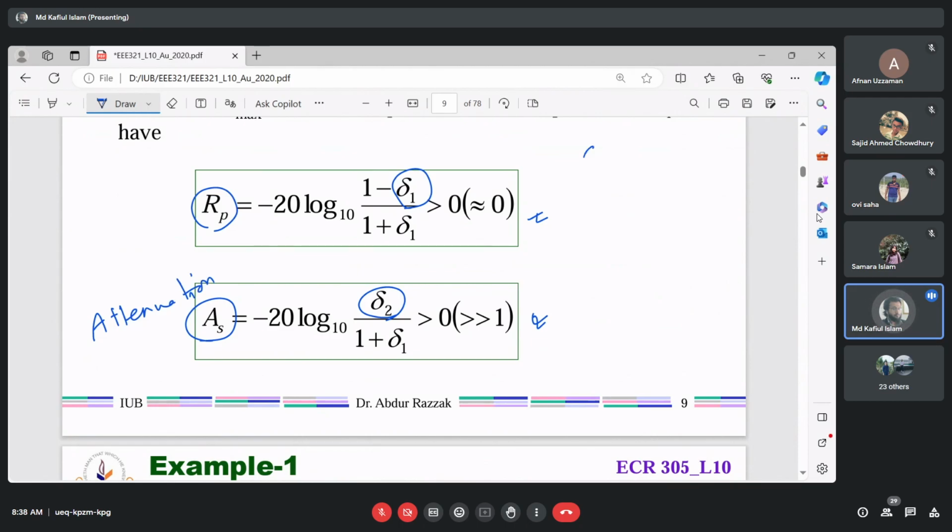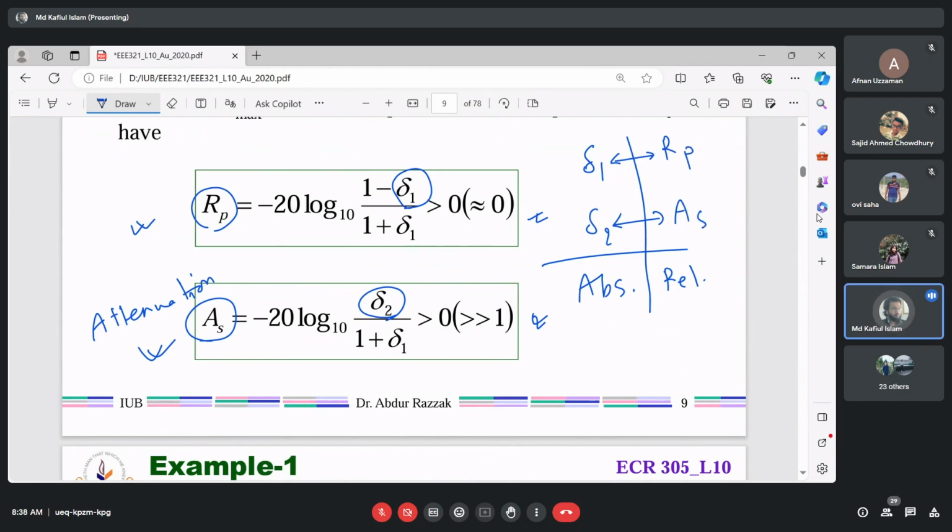So we have δ1 and δ2 in the absolute specification domain, but we can always go back and forth from absolute specification to relative specification through these two equations. These equations will be given to you in the final exam. So just remember that these are the equations used to find the corresponding relative specifications from absolute specification, or the other way around.